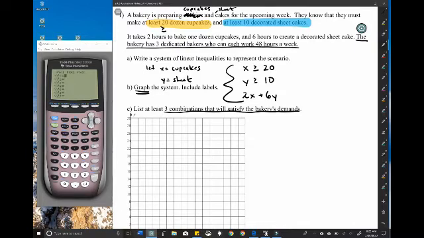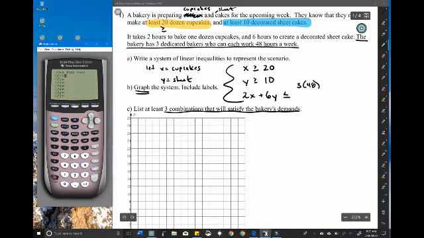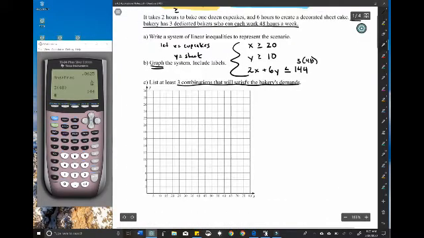We know we're limited, so we can only bake up to this certain amount, so it's going to be less than or equal to, because we don't have more time. You take 3 times 48, and that gives the number of hours available to bake. 3 times 48 is 144. Those are the equations.